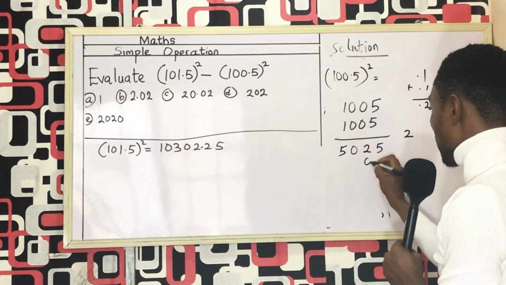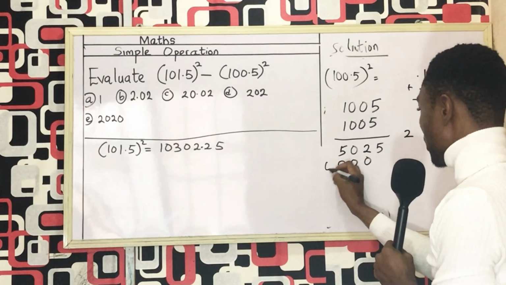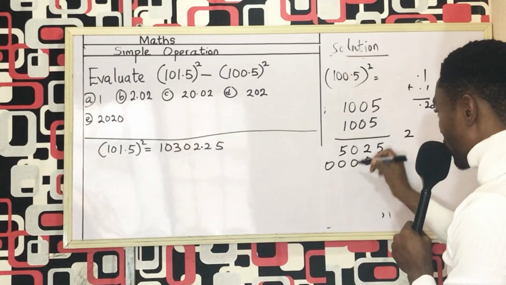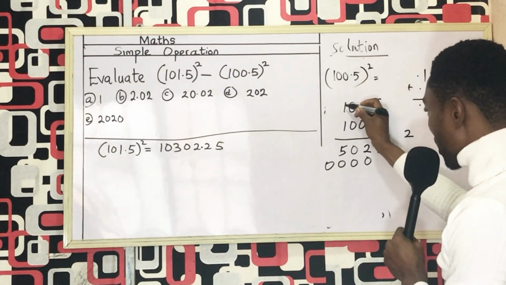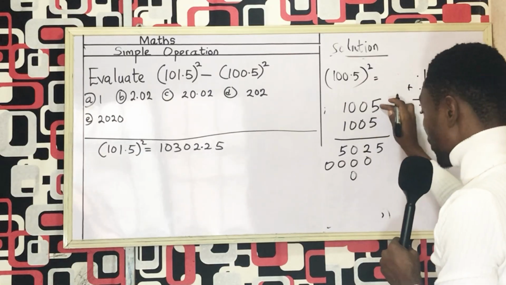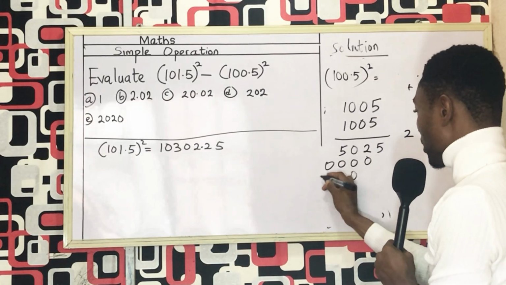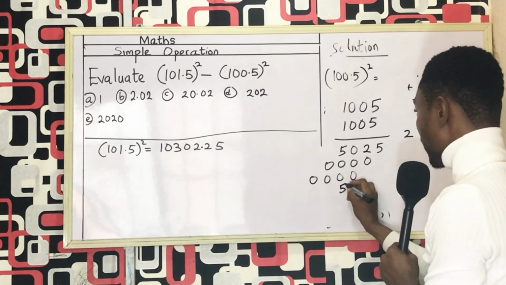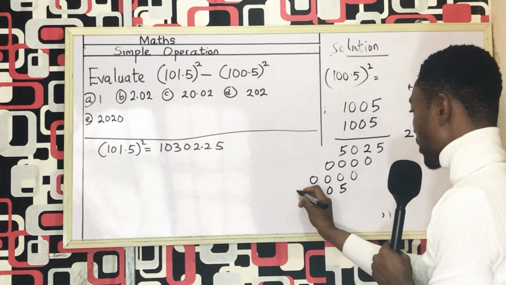0 times 5, 0, 0, 0, 0. How did I get to 0? 0 times 5, 0. 0 times 0, 0. 0 times 0, 0. 0 times 1, 0. 0 times 0, 0, 0 times 5, 0. 0 times 0, 0, 0, and 0. Now 1 times 5, 5. 1 times 0, 0, 0, and 1.